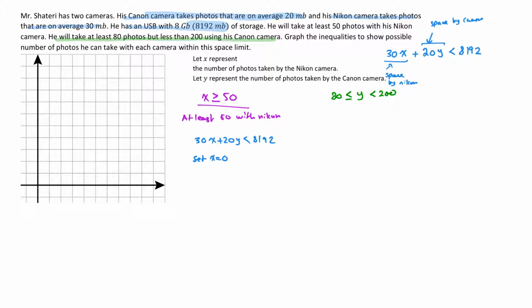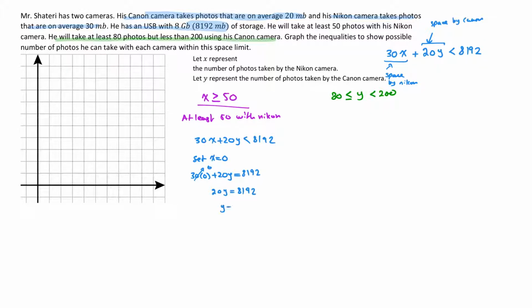Actually, to find the y-intercept, I will set x equal to 0. So 30 times 0 plus 20y, and I will set it to equal in this case, just because I'm finding the intercept. This will be 0, so 20y will equal 8,192.